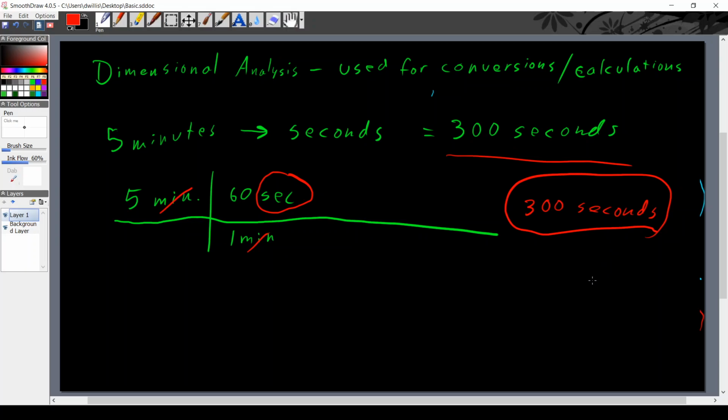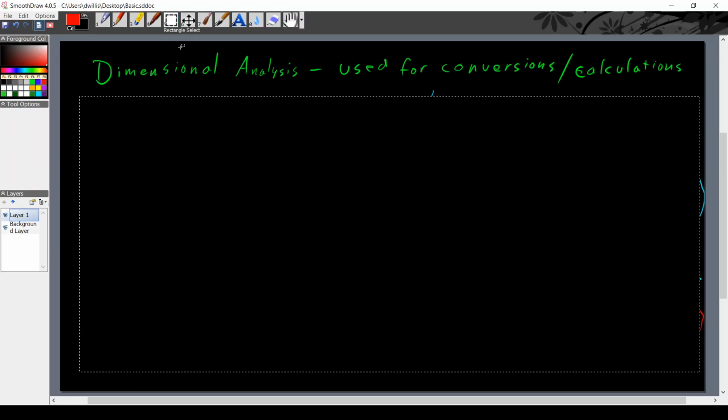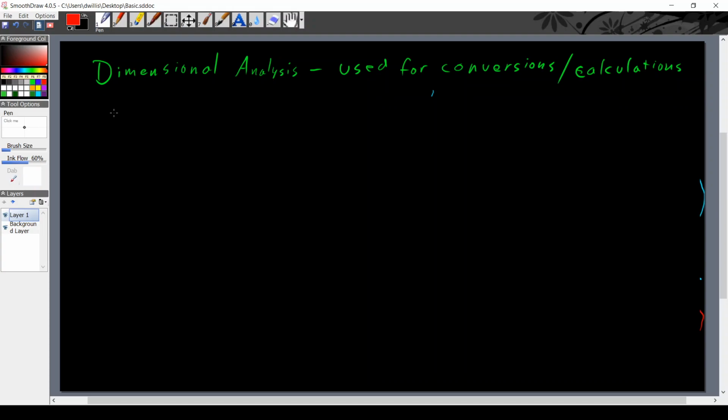However, what if, instead of doing 5 minutes into seconds, what if I did 15.7 years?